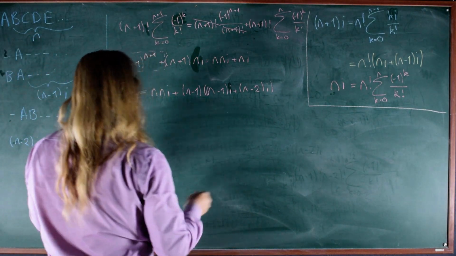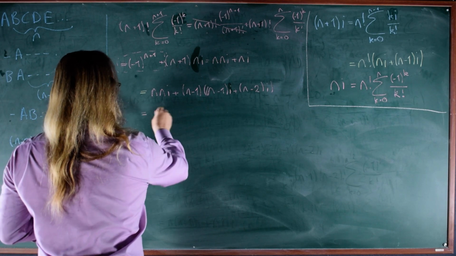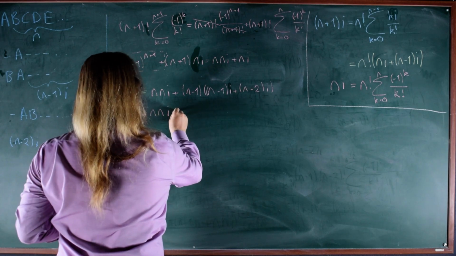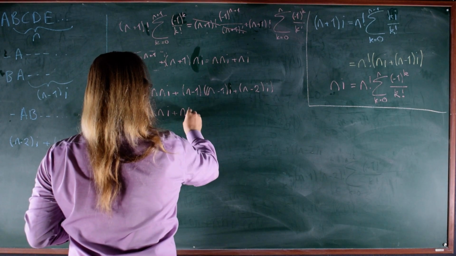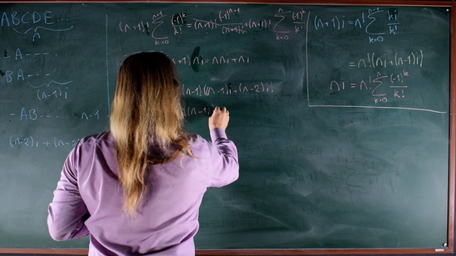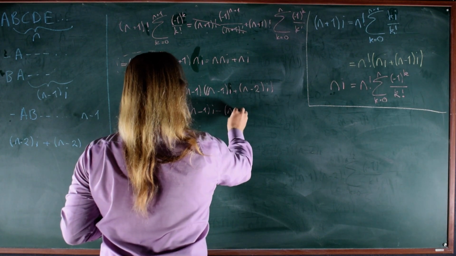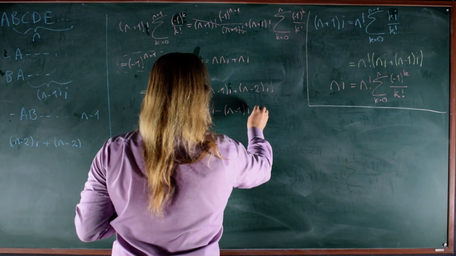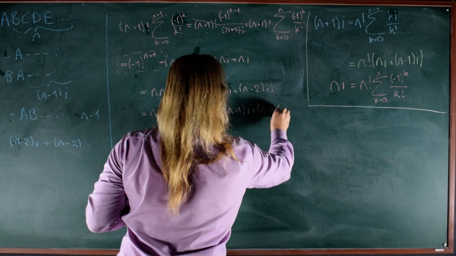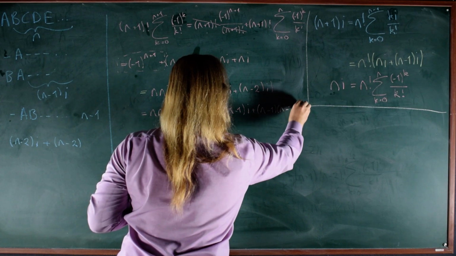Again, I expand the parentheses, and I get n times n minus 1 subfactorial minus n minus 1 subfactorial plus n minus 1 times n minus 2 subfactorial.